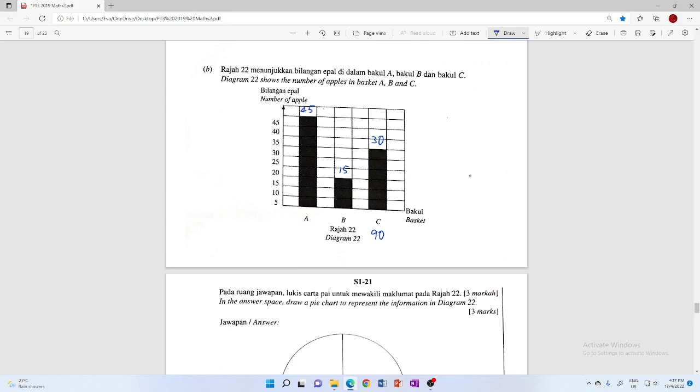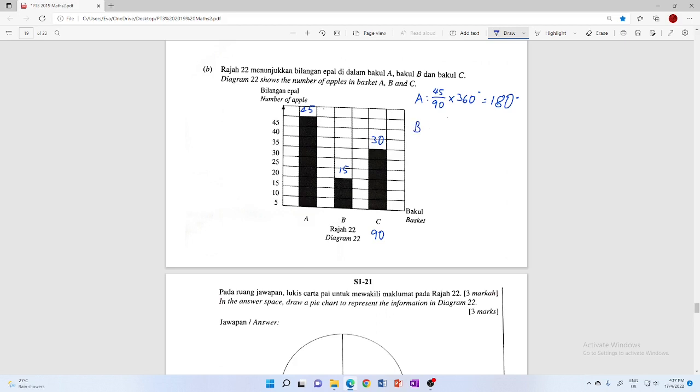Okay, to draw a pie chart we need to calculate the angle for A, B and C. So we need to calculate for each of these. For A, this is 45. We need to find out the fraction. 45 over total 90 times 360 degrees, because one circle is 360 degrees, equals 180 degrees.